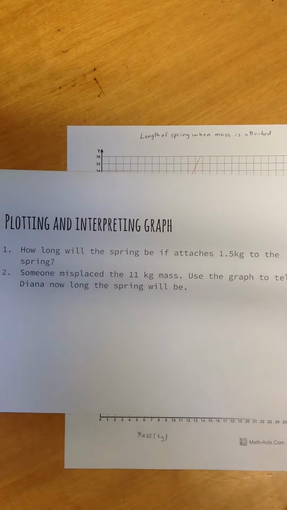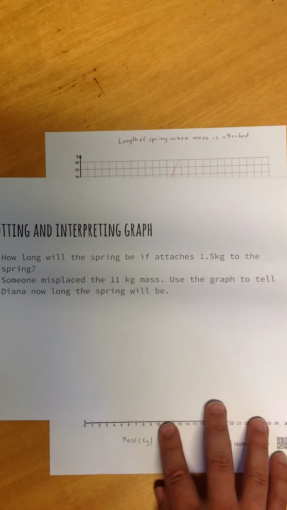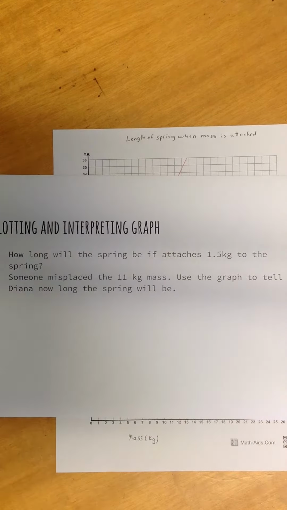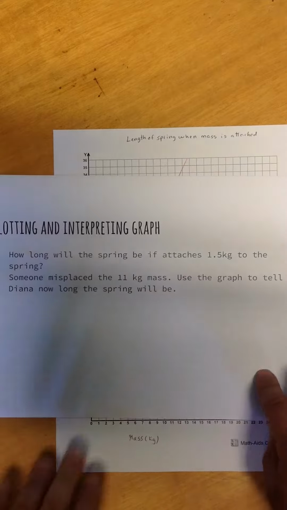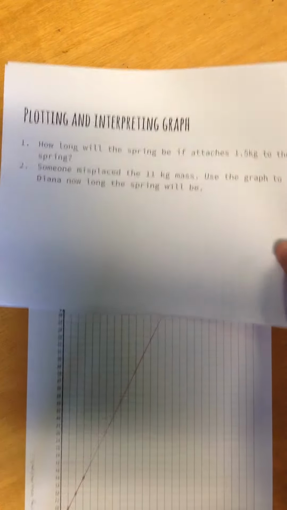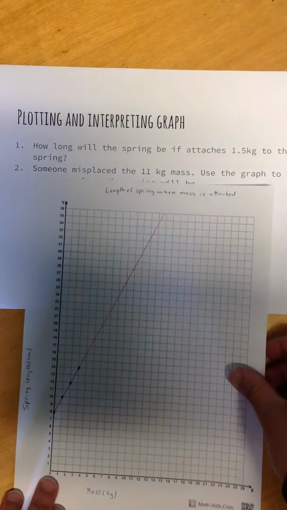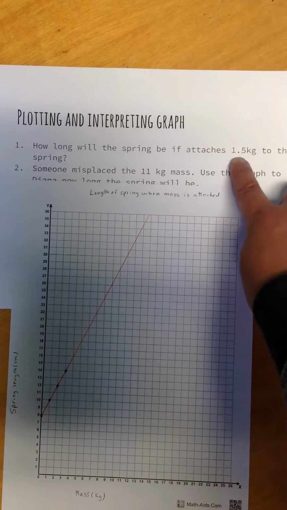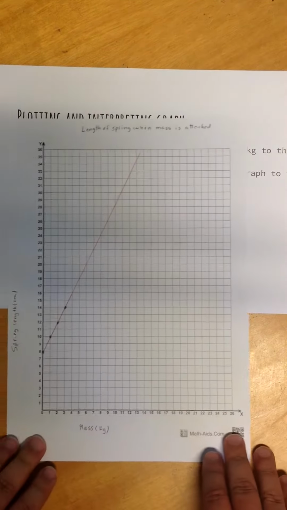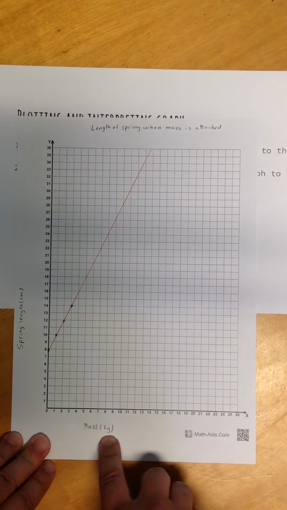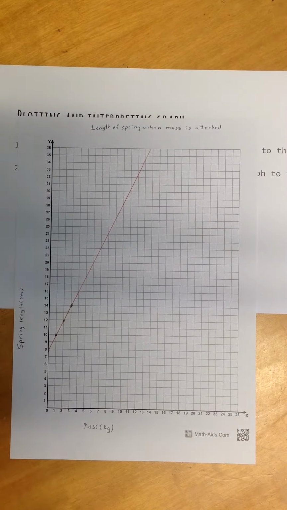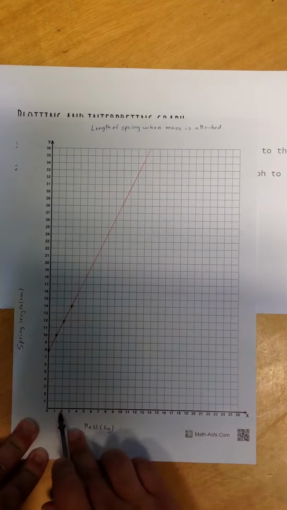We can now answer some questions. How long will the spring be if she attaches 1.5 kilograms to the spring? So we can look at the information here. It says if we attach 1.5, what will we get? So let's go to our mass. 1.5 is between 1 and 2, halfway.